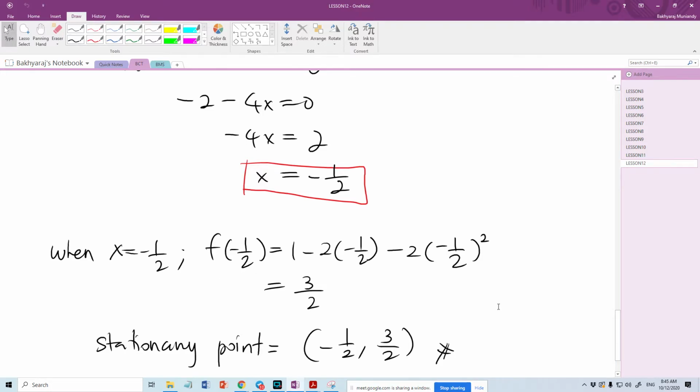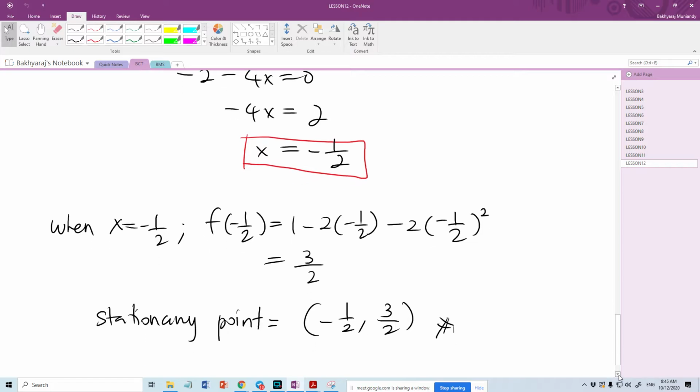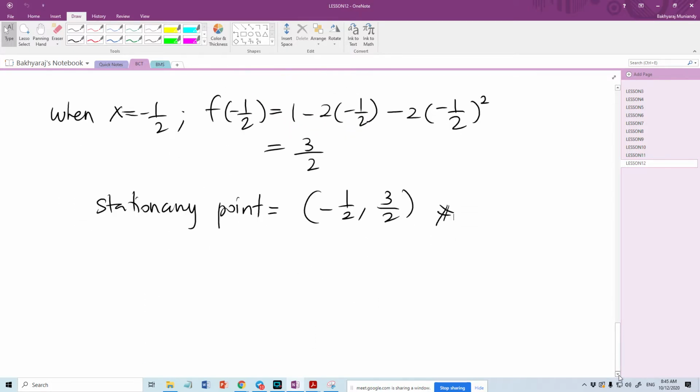Okay, so once you get the stationary point, now we need to decide whether the stationary point is a minimum, maximum, or point of inflection. So in order to get this, you need to know what?